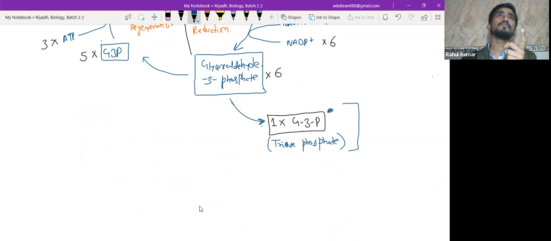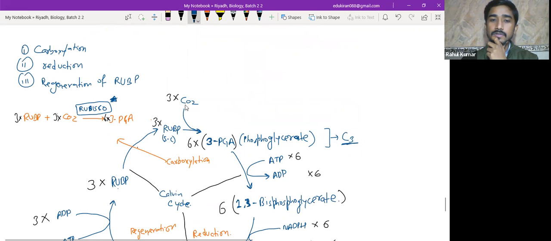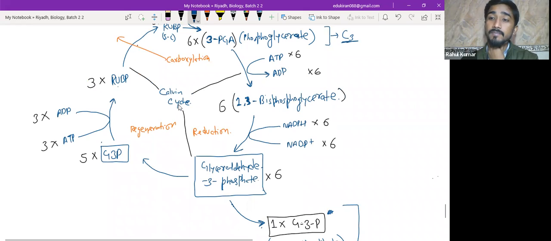Now tell me, for every CO2 which is entering the cycle, okay, there are 3 CO2s here which are entering, but for every CO2 which is entering the cycle, how many ATPs are utilized? For every CO2 entering the Calvin cycle, this is the question. How many ATP molecules are utilized? These are some questions, just write it down.